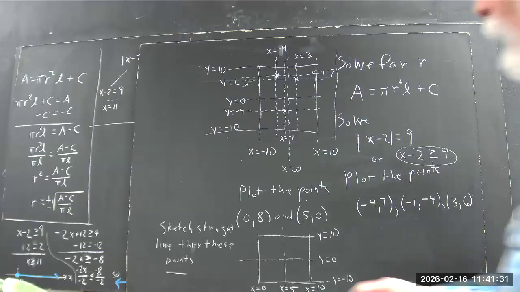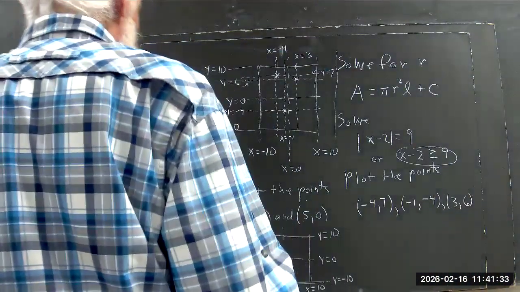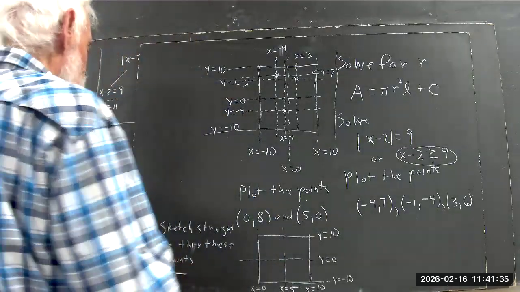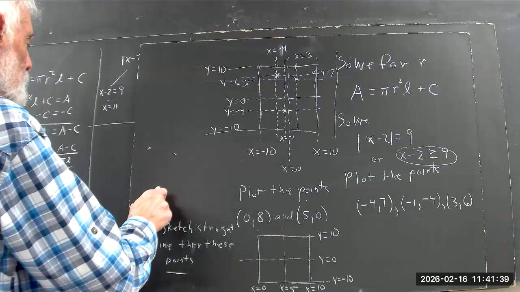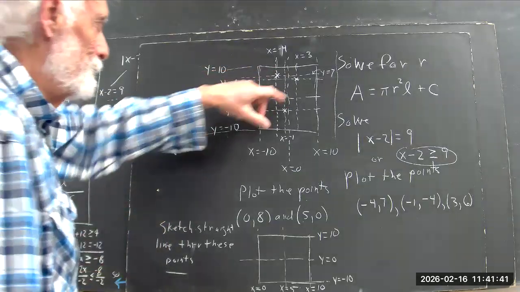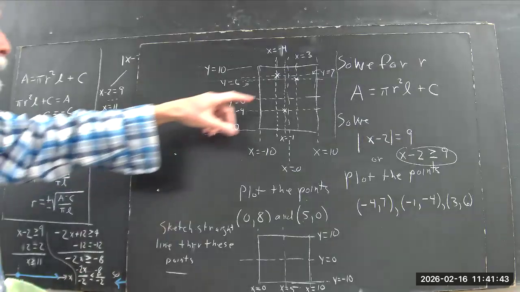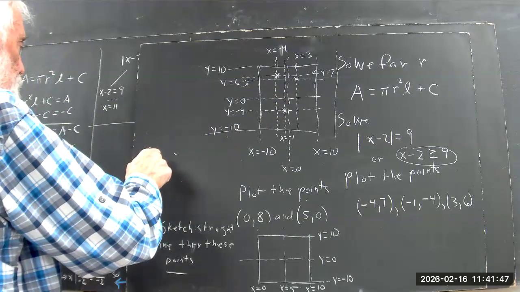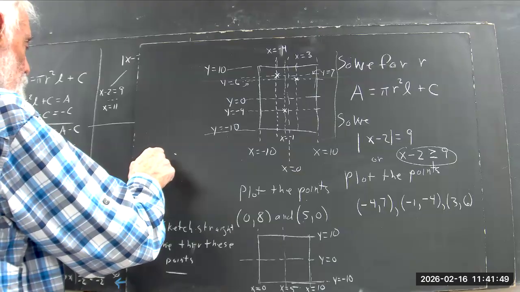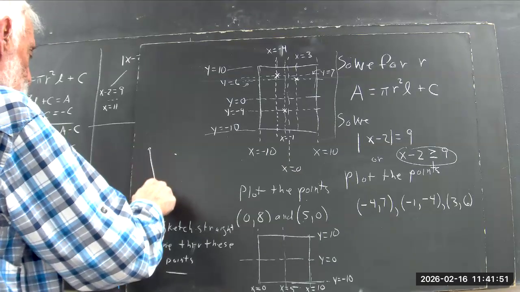Now, I haven't defined what I mean by smooth. So if you've got 3 points in approximately the same relative positions as on the graph, a smooth curve is not going to do this.